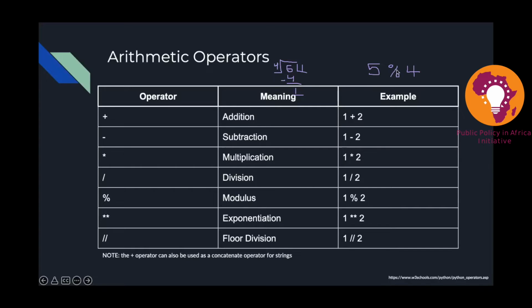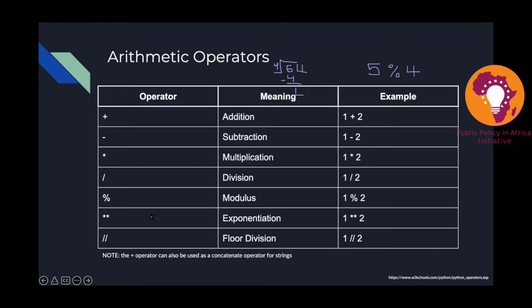So 5 modulo 4 will be the 1 down here. Does that make sense, or is it still unclear? Yes, the modulus is the remainder from division. Correct. Okay, cool. I think everyone is clear on that now.